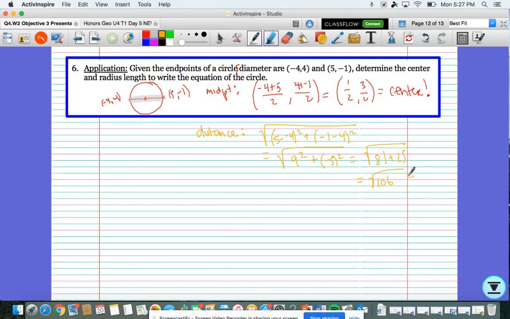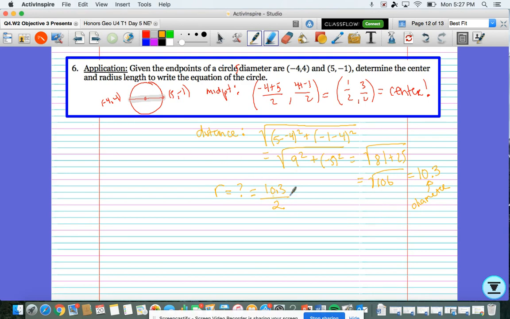Why don't we go ahead and round that? Let's say it's about 10.25. I'll go with 10.3 just to make this simpler in our heads. So that's what we call the diameter. If that's the diameter, what is the radius? Well, 10.3, and if you have it left in your calculator, just leave it and divide by 2.